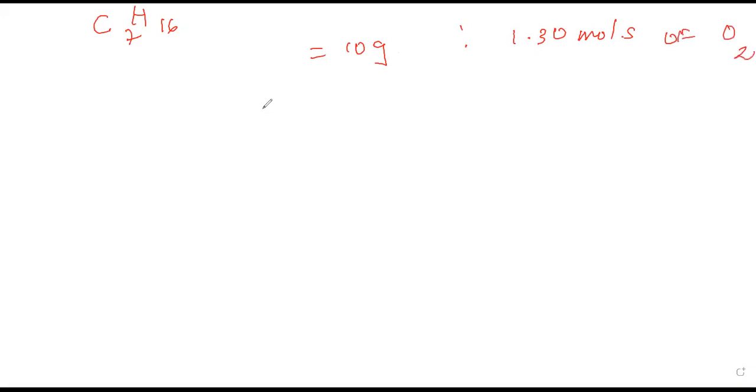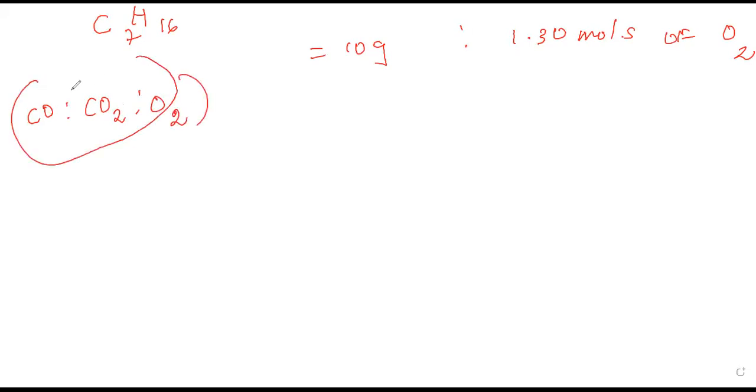When the heptane is burned completely, a mixture of carbon monoxide and carbon dioxide is formed. The total number of moles of gas present after the reaction is to be found.